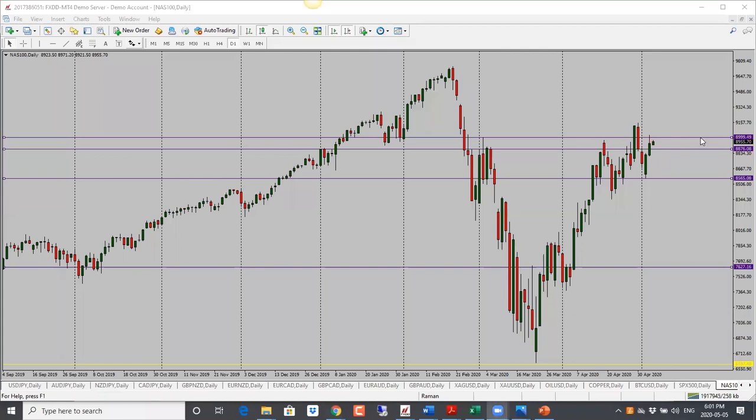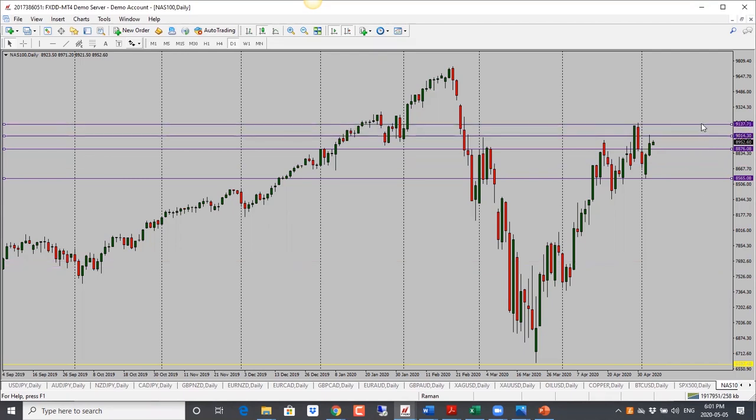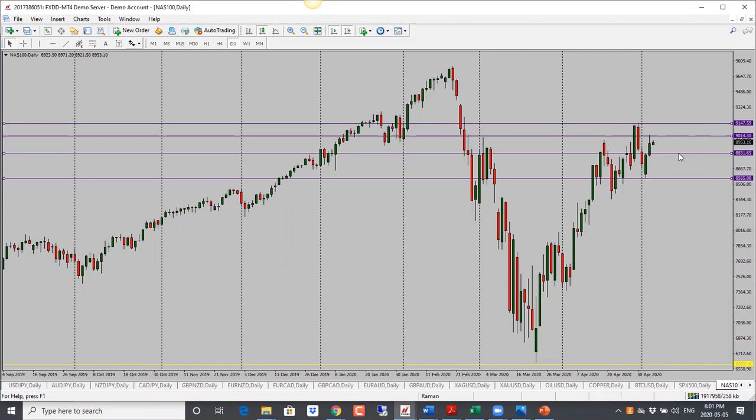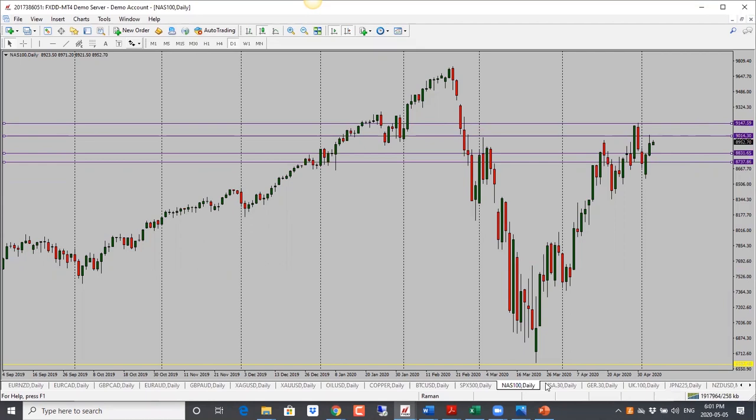So bias is slightly bullish to neutral here for Nasdaq. And if it does go through the resistance, then we're looking at 9150 as the target. But for now, the first target here is 8830, and then below that we have 8735. So neutral to slightly bullish here for Nasdaq as well.